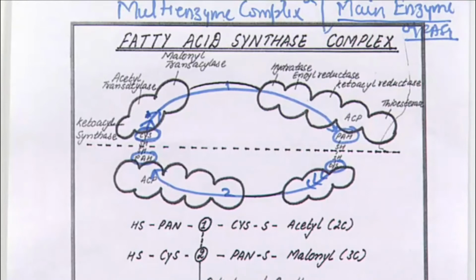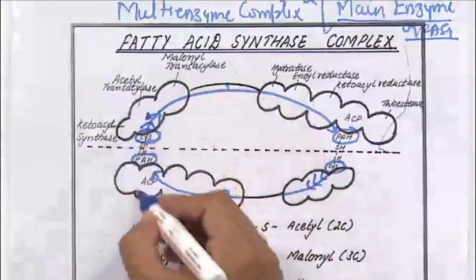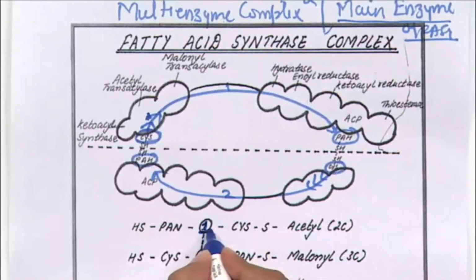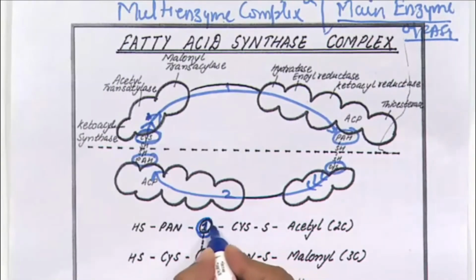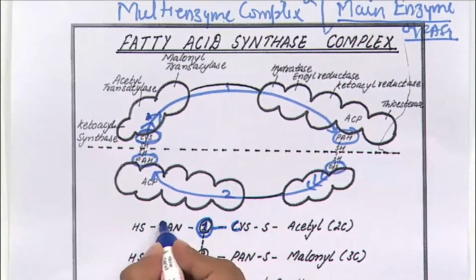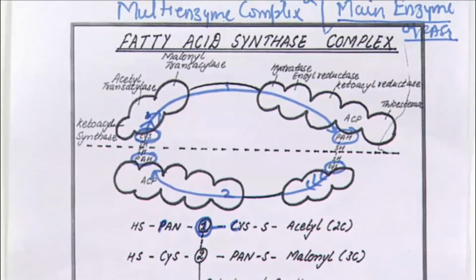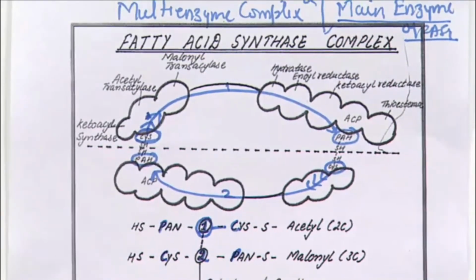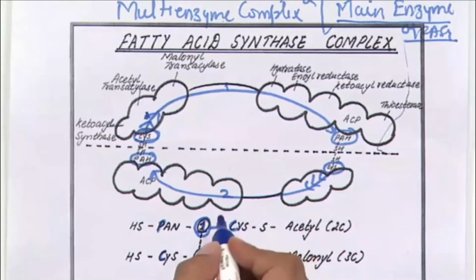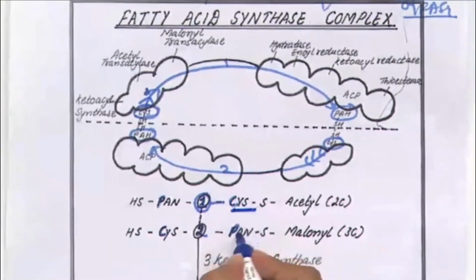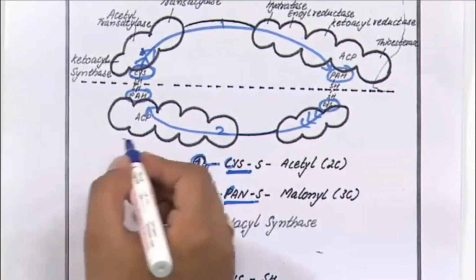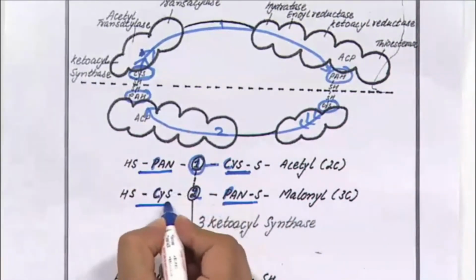Or you can represent this fatty acid synthase complex like this. The first subunit has two ends, cysteine and pantetheine. The second subunit has two ends, cysteine and pantetheine. And the cysteine of one is against the pantetheine of another, and the pantetheine of this is against the cysteine of this.